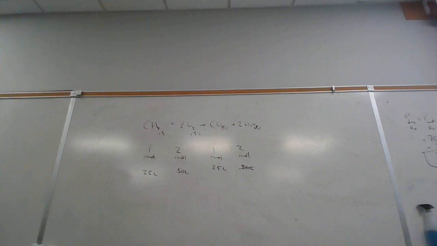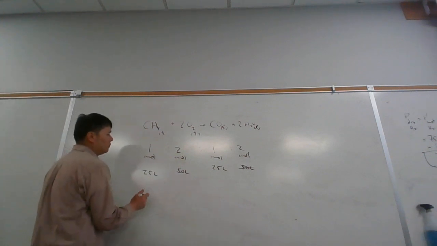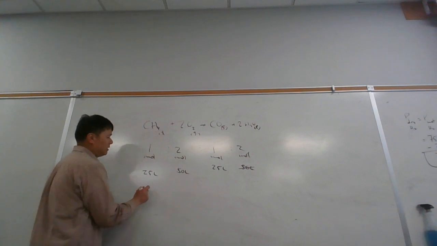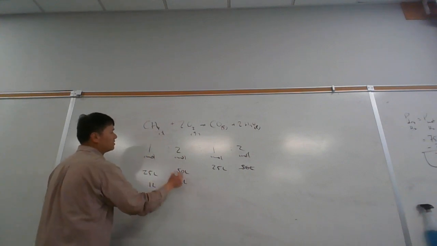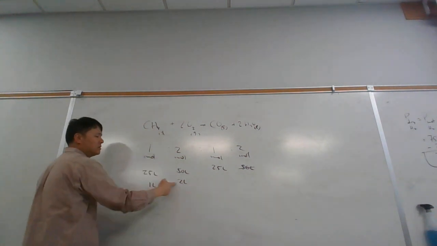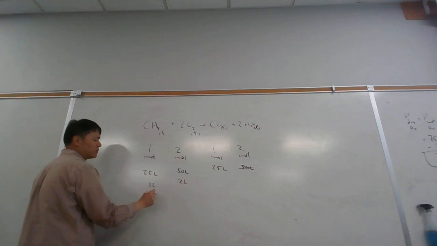There are different ways we could solve this. But anyway, one way is like this. We have 1 liter of methane and 2 liters of oxygen. And so this is what we call stoichiometric. This is not a limiting reagent or excess reagent, it's stoichiometric.